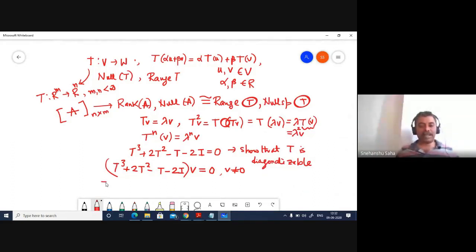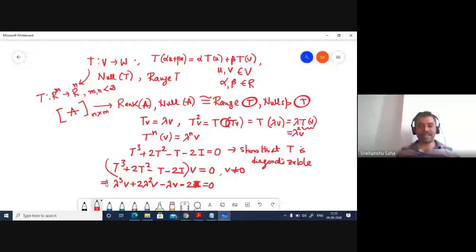So therefore, I can write this as lambda cube of v plus 2 lambda square of v minus lambda v, minus 2I of v equal to 0.